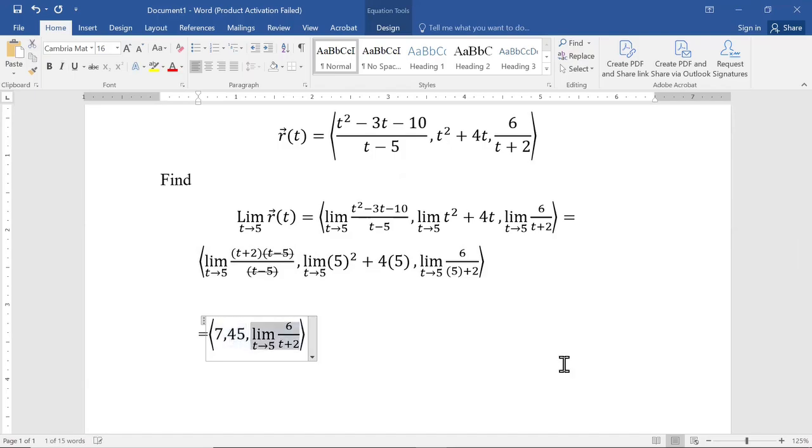And the third component becomes 6 over 5 plus 2, which is 6/7. Oh, I hit the wrong button. There we go. So 7, 45, 6/7 is that limit as t gets closer to 5.